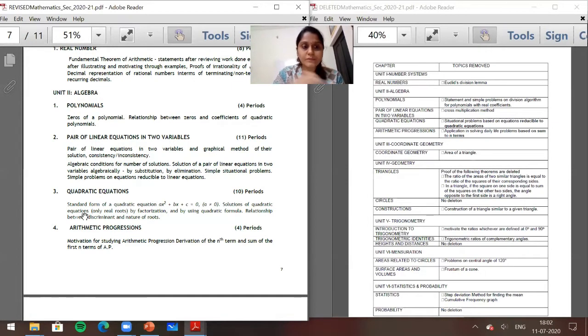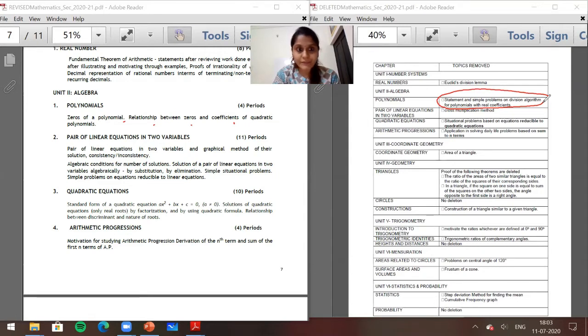If you observe in polynomials, chapter number 2, zeros of a polynomial is there. Relationship between zeros and coefficients is there. Only these. Now the third and very important topic was statements and problems based on the division algorithm for polynomials. Very important. The entire application part of polynomials is not there.